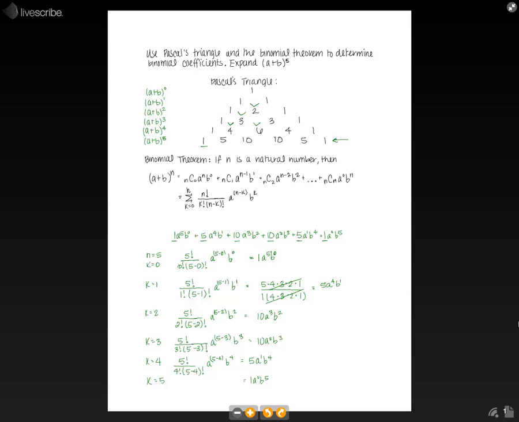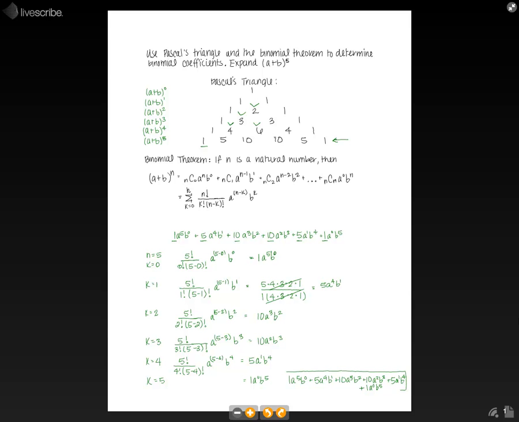Alright, so if we combine all of those terms, we have 1a to the fifth, b to the 0, plus 5a to the fourth, b to the 1, plus 10a cubed b squared, plus 10a squared b cubed, plus 5a to the 1, b to the fourth, sorry I'm running out of space, plus 1a to the 0, b to the fifth.